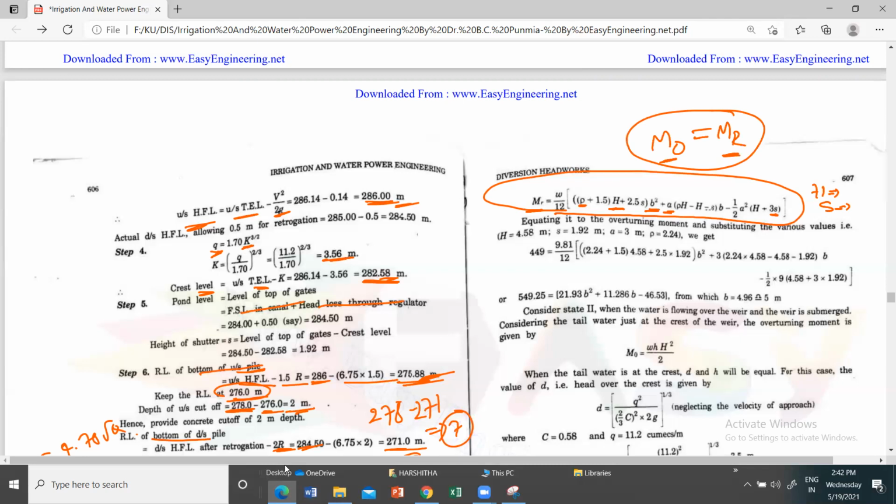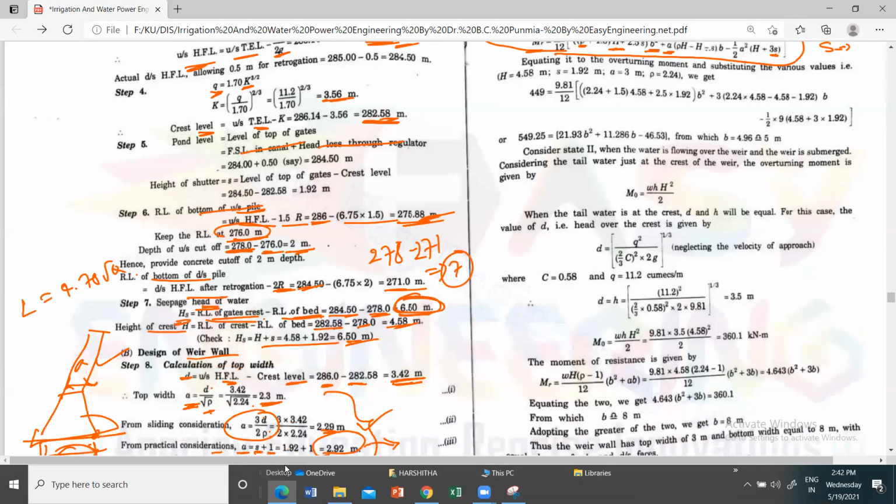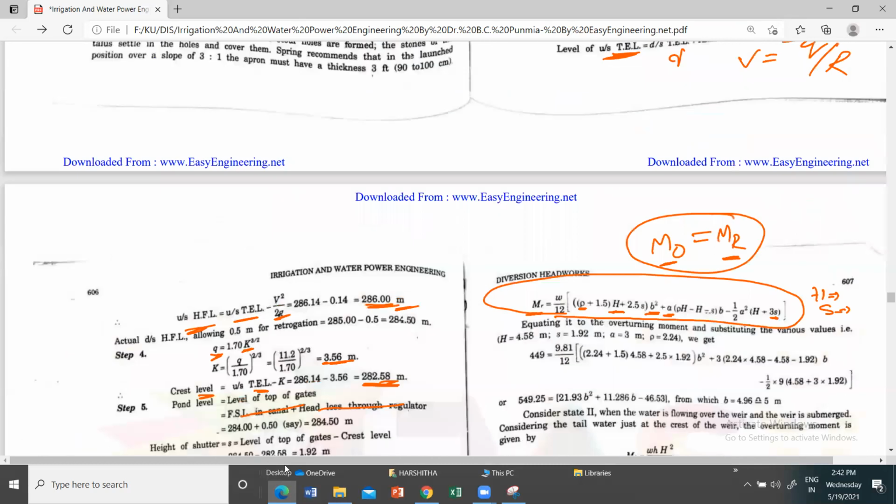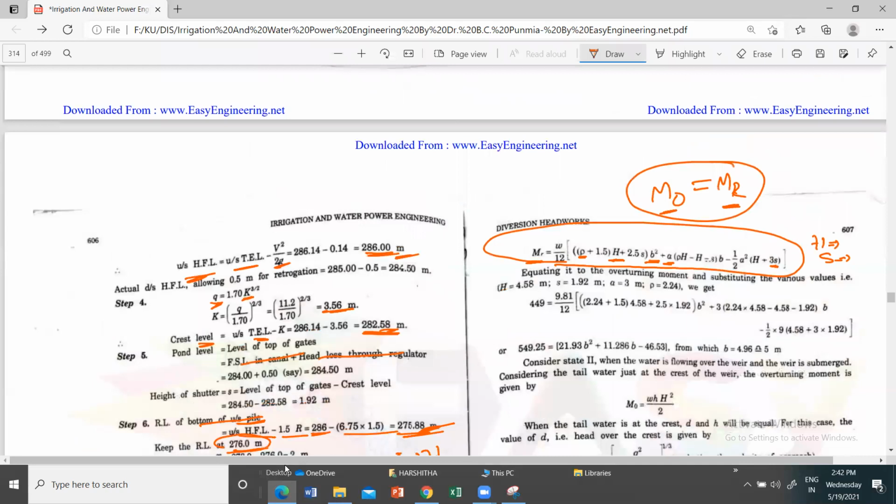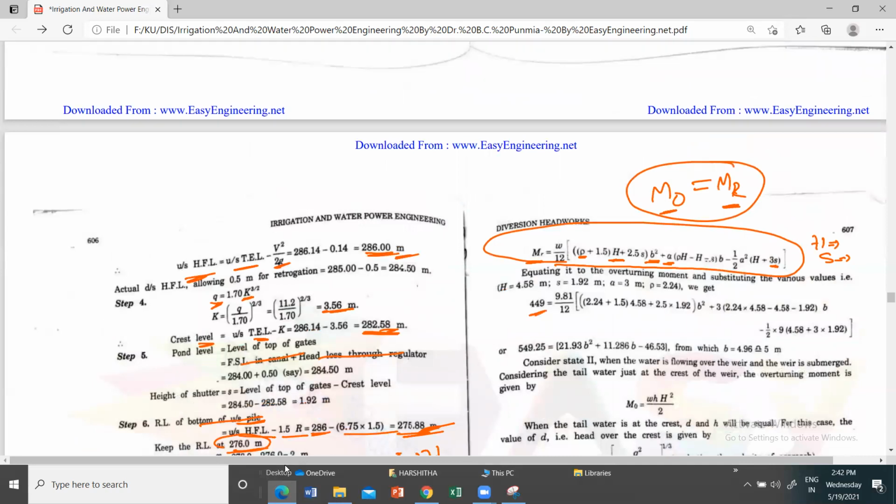So substitute MR equal to 449, and substitute all these values. The only unknown is the B value. From this we can get the B value as 4.96 meters.